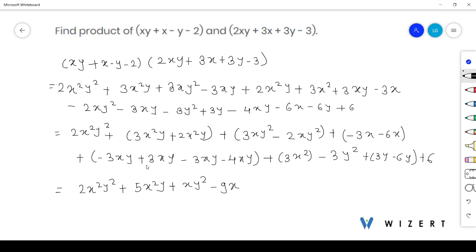Then here minus 3xy plus 3xy cancel and there is only minus 7xy. Then this 3x square as it is, minus 3y square as it is, this 3y minus 6y is minus 3y plus 6 as it is.